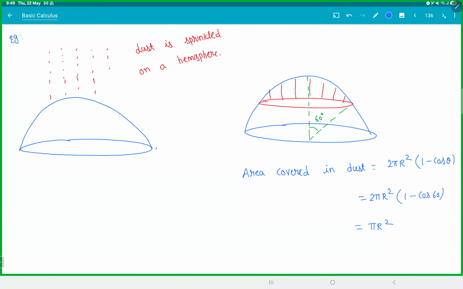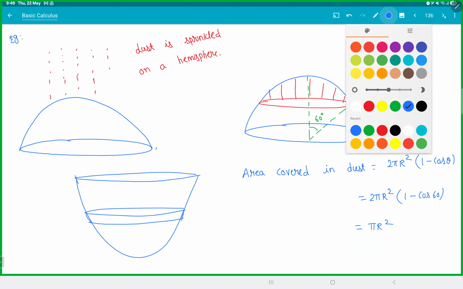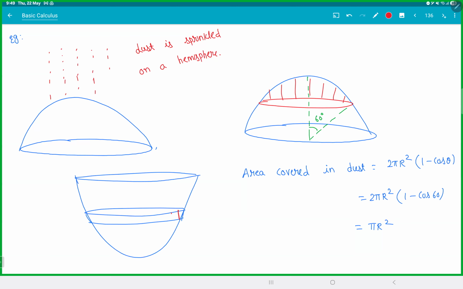Getting the applications? Sir, what if it is a parabola? Then the idea is the same, but it's a very painful thing. The parabolic area will not come easily. That integration is very tough. We tried once. Then you take an element, the same story. You will take the ring like this. Now look, you were saying before, this is dy, isn't it? But I need this, so this is dy by cos alpha. And this will be radius x. And where will this cos alpha come from?